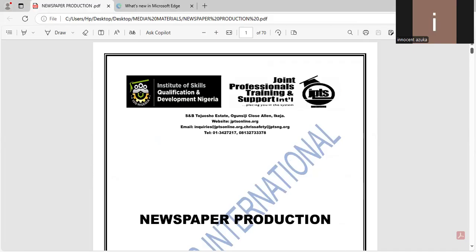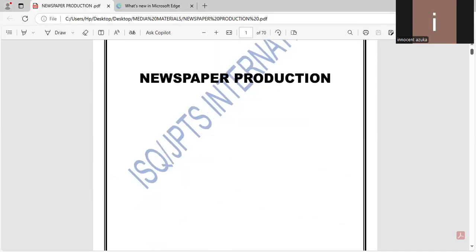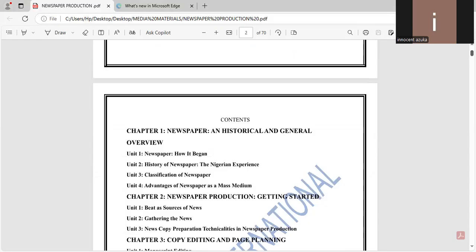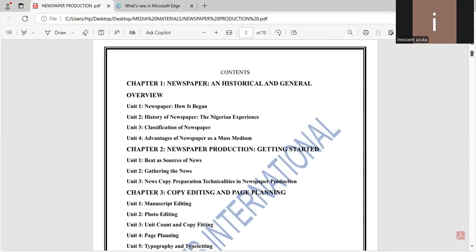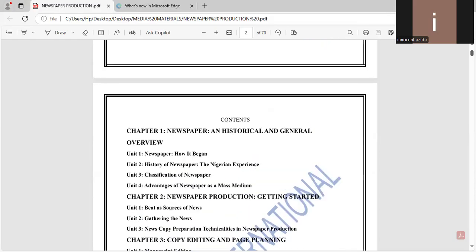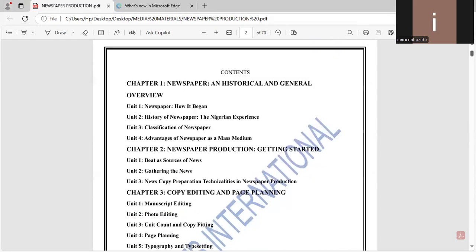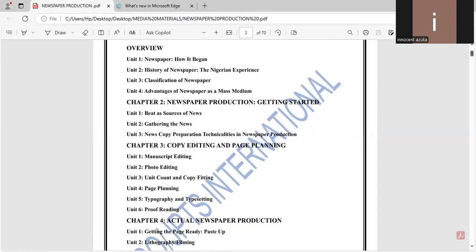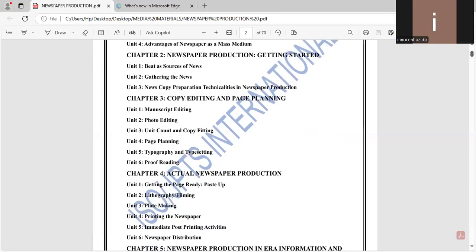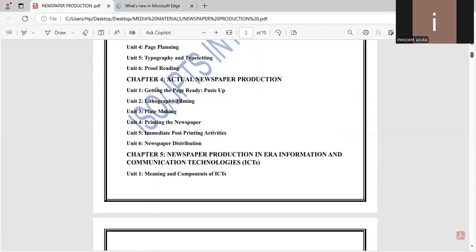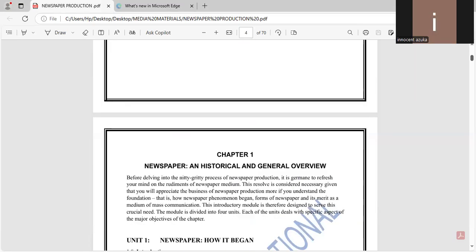We'll be considering newspaper production, the history and the general overview, copy editing and page planning, and actual newspaper production, depending on the time that we have.